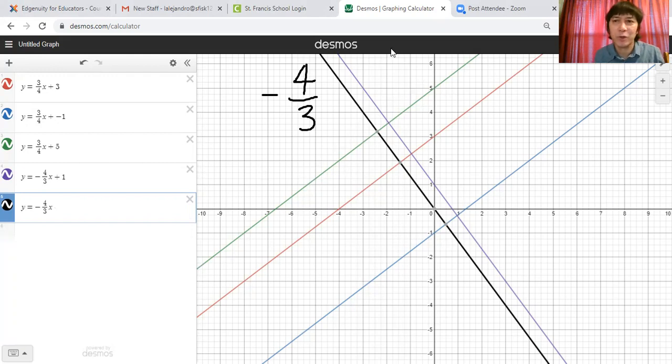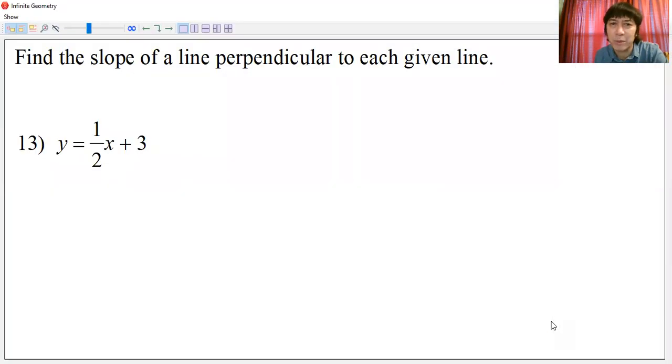All right, let's return to our number 13. Let's go back there. Let's continue with the problem sets. We're now ready to answer this. Find the slope of a line perpendicular to each given line. For this given line, we know the slope, it's 1/2.